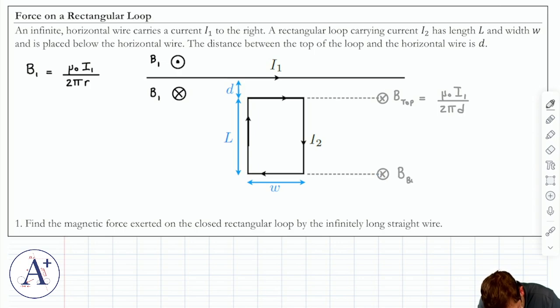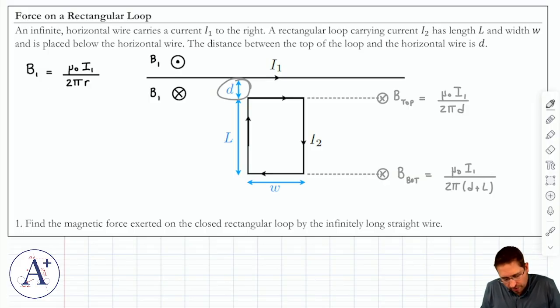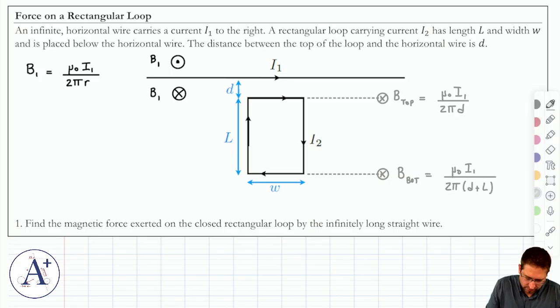B bottom is equal to mu naught I1 divided by 2 pi, and now the distance is going to be d plus big L. I need to know that because I need to be able to argue not just the direction but the magnitude of the magnetic field to find the force on each part of the rectangular loop.